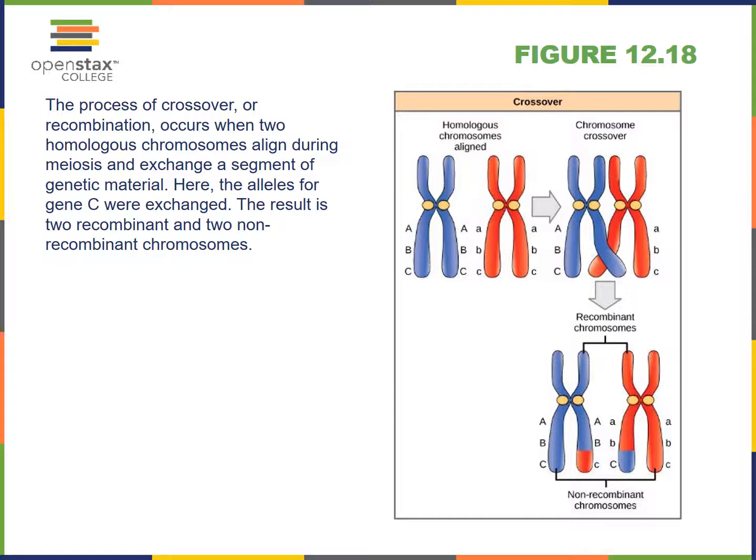And the most common way to violate independent assortment is with crossover. And I'll go over that a little bit more in the next chapter, so that's all I'm really going to say about it here. If genes do not segregate or assort independently, meaning they are linked, then it's usually because of crossover.